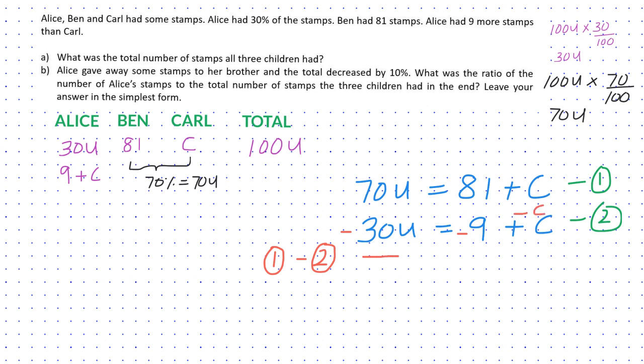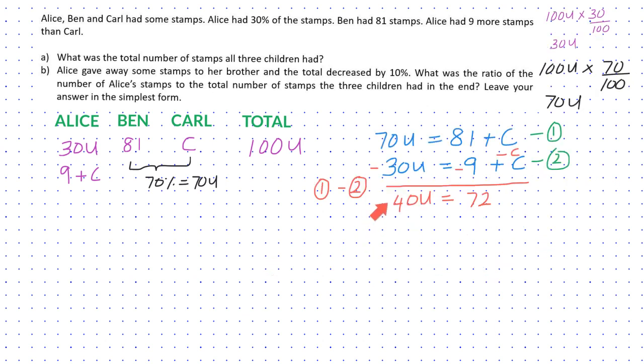Let's solve this. 70 units minus 30 units will be 40 units. 81 minus 9 is 72. And plus C minus C becomes 0.